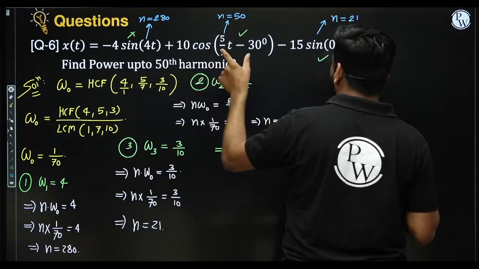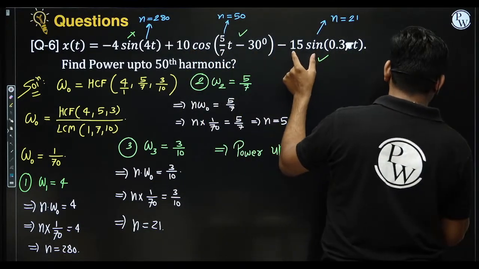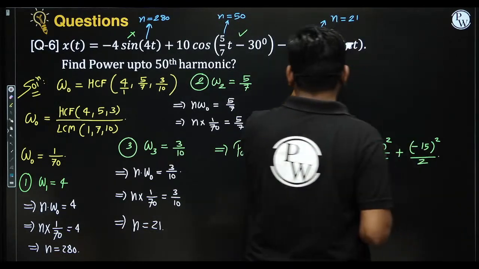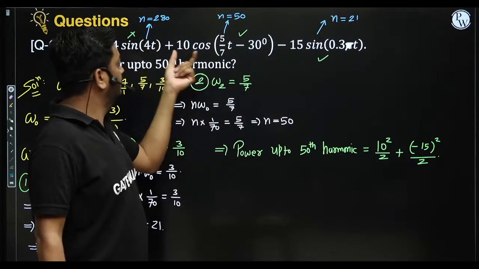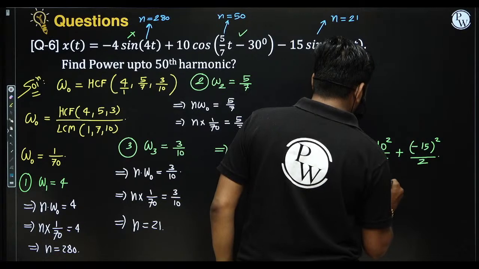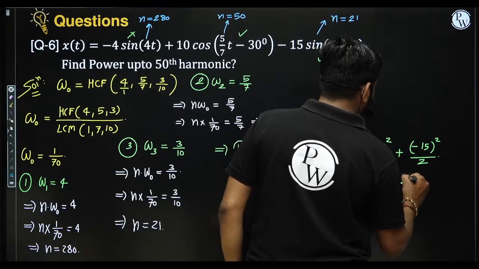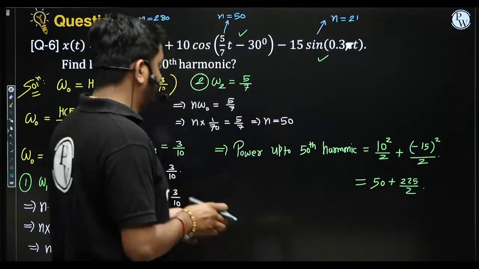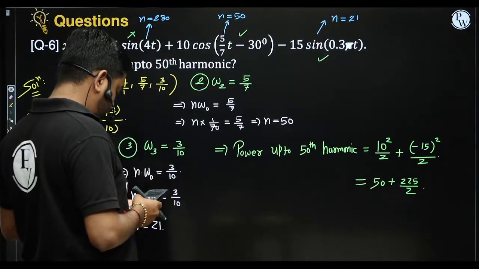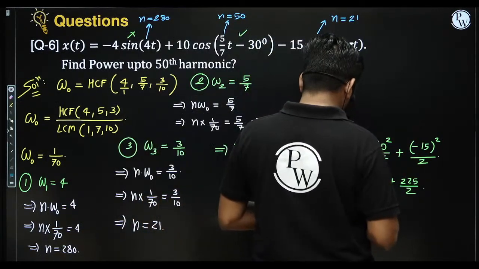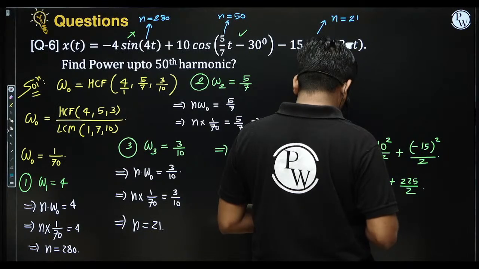10 square by 2 plus the power of this, which is minus 15 square divided by 2, because this is also a DC, AC signal. So power of this term is 10 square by 2, here minus 15 square by 2. So this is 50 and this is 225 divided by 2, 112.5 plus 50, which is 162.5.